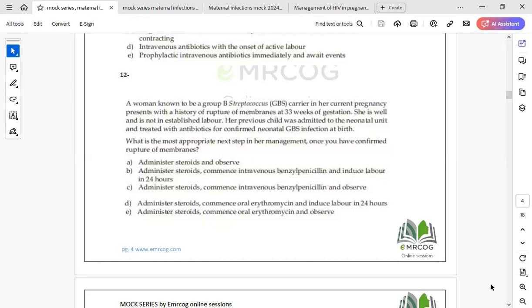I don't need to continue the scenario, honestly. I don't need to know that her previous baby was admitted to the neonatal unit. If I get through here until here, and this woman is having a PPROM with previous GBS history, I don't think I need to know the status of her baby.